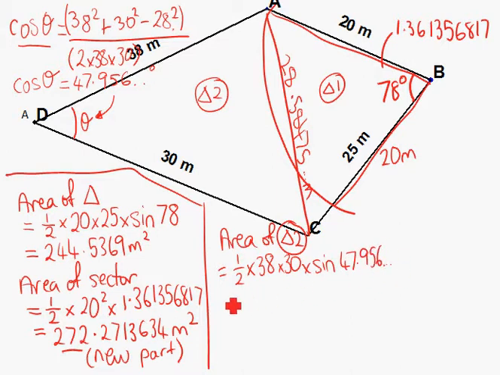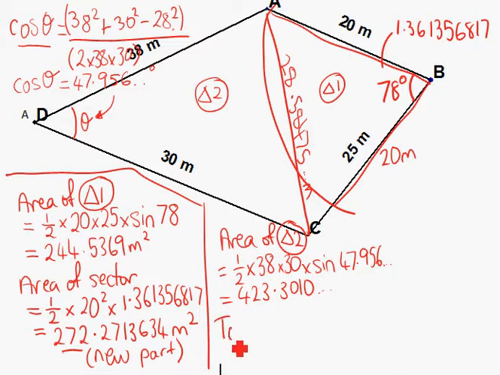You can use answer if you've still got it on your screen. Work all that out, and we end up with 423.3010, and there's some more numbers. So we've got the area of triangle 2, and I've got the area of triangle 1, here it is over here.